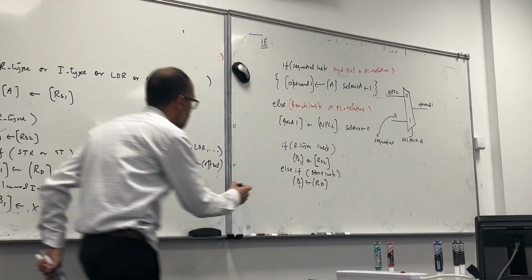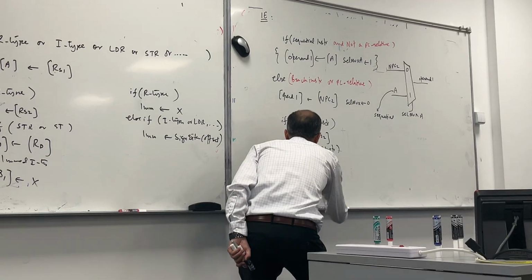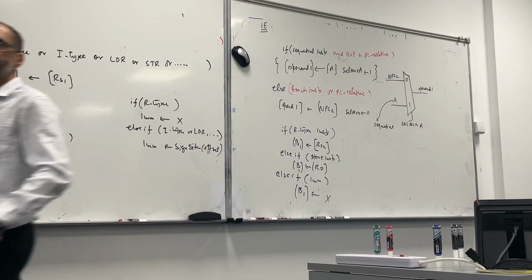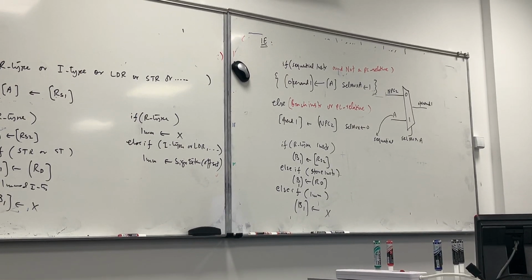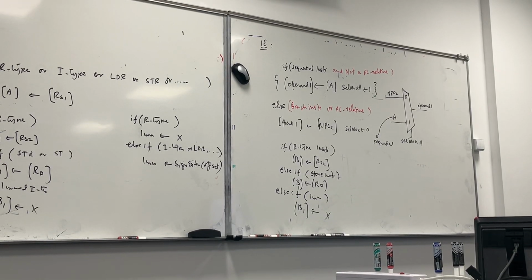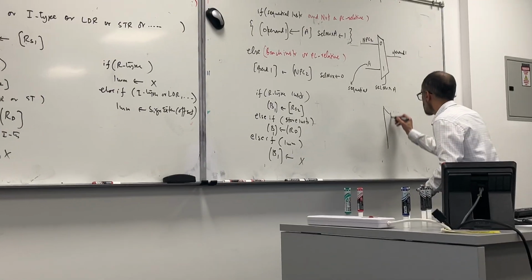Okay, now what about B1? Else if it is immediate, the immediate field, then B1 will be what? Because these are all the possible values you need to do for all these instructions. Any question? It's done or not? Okay, please remember, this is very important. Now we have a second mux here.